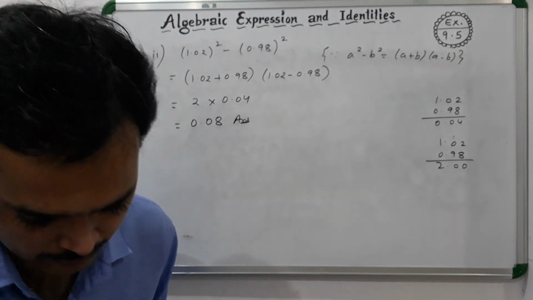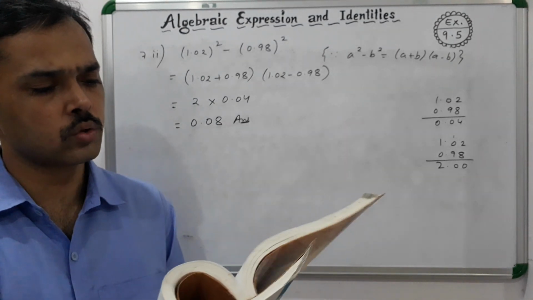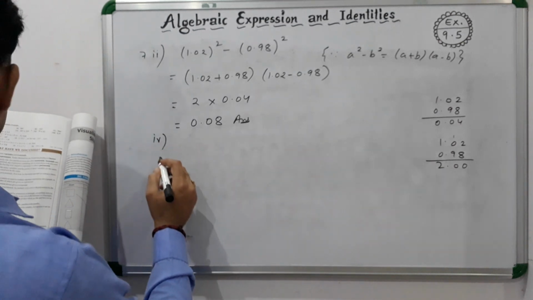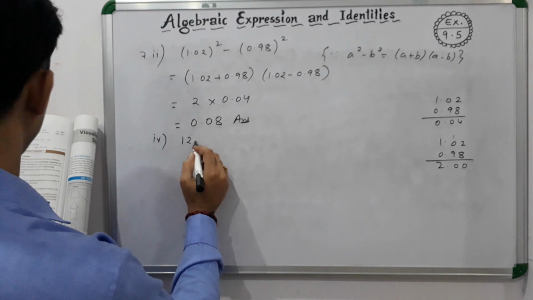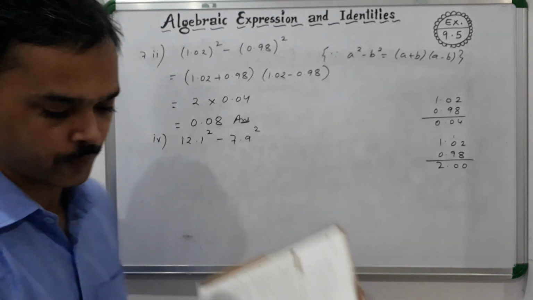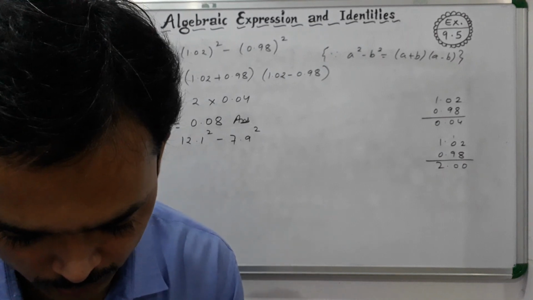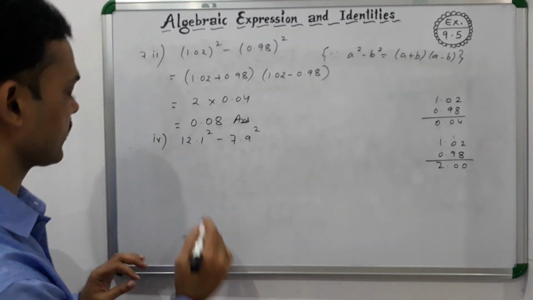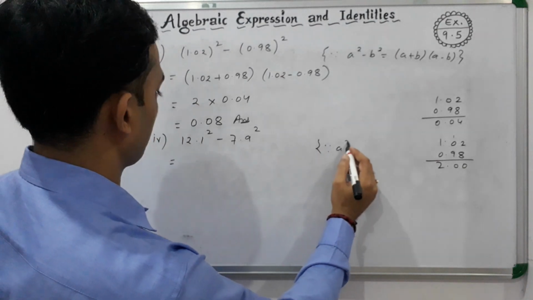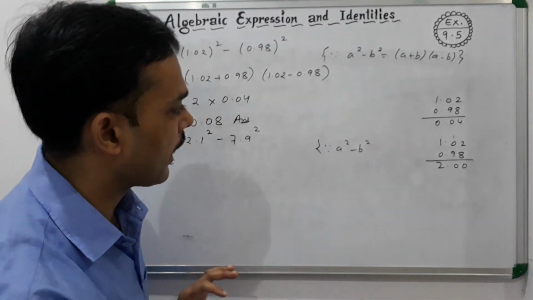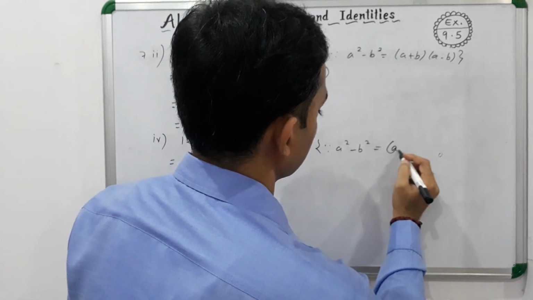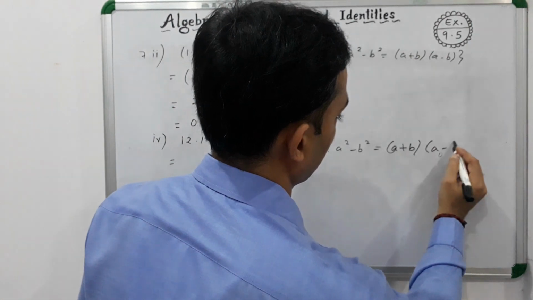After this second part, now let us do the fourth part. In the fourth part, the question is 12.1 square minus 7.9 square. Once again, we will be using the same identity, a square minus b square, which is equal to a plus b into a minus b.